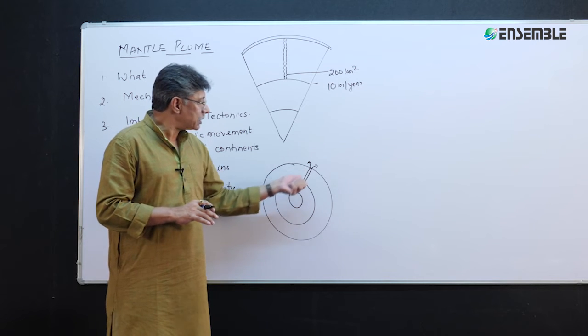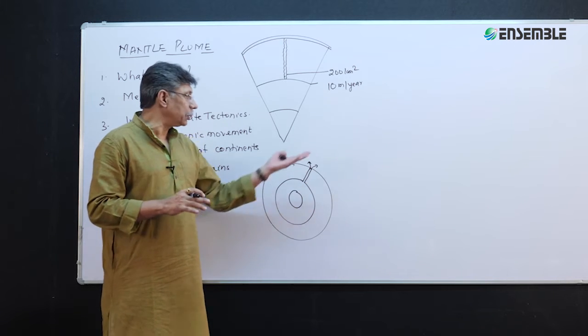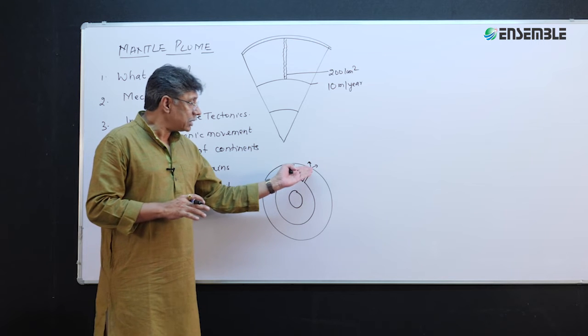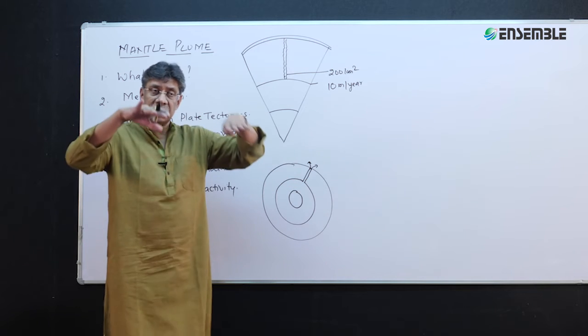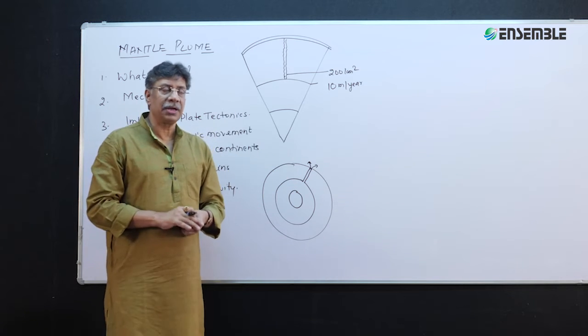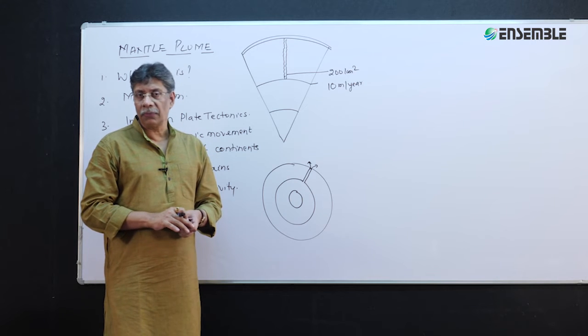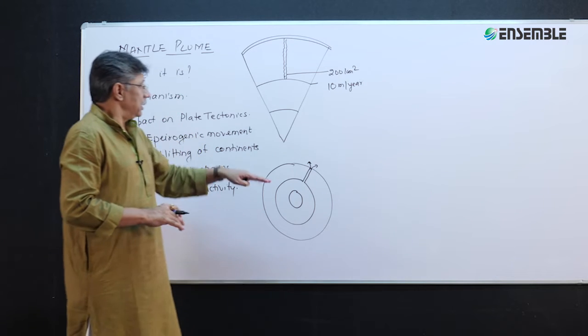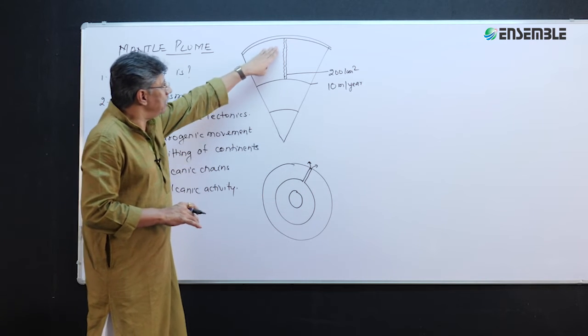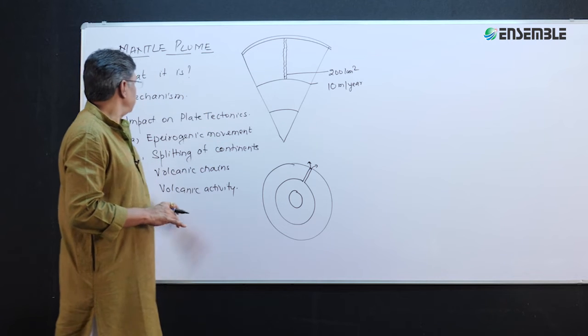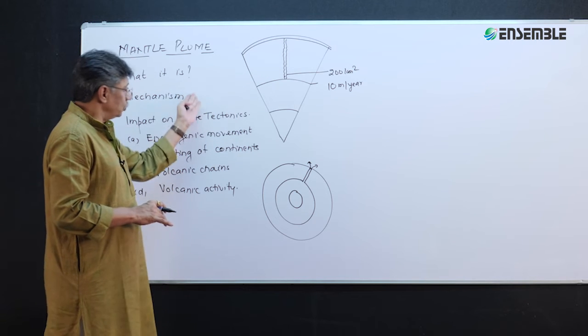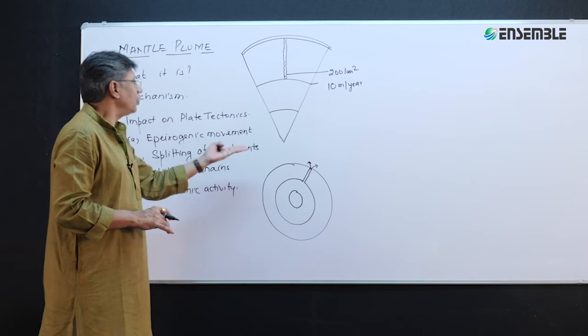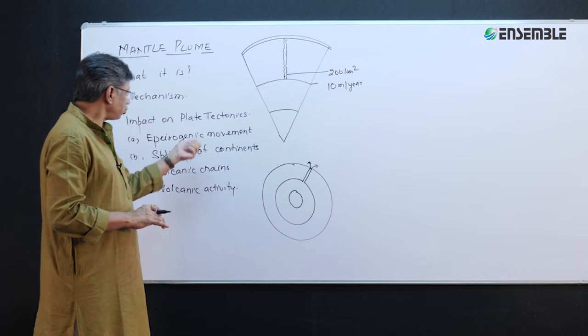One of these places through which it can do it, that mechanism is called a mantle plume, and the surface over which it takes place is called a hotspot. So that is going to be a chimney of magma that rises from that place. That is what exactly it is and what its mechanism is.